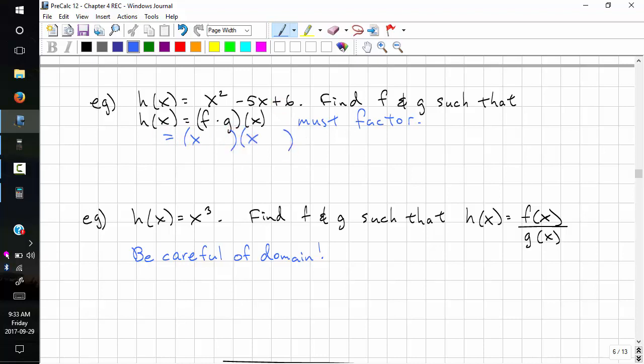Because this is positive, we need the same sign for both terms, and it's going to be negative. The factors of 6 that add up to 5 are 2 and 3. So f of x equals, it doesn't matter which one you pick, x minus 2, and then g of x is going to be the other one, x minus 3. So there's a limited number of ways to create this that's not trivial.